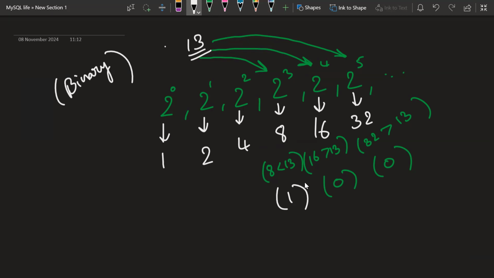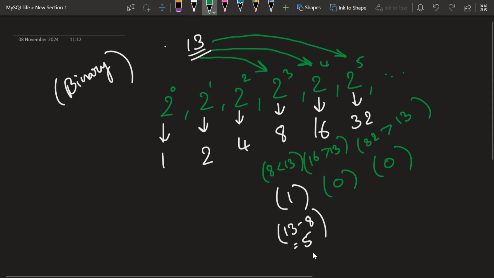Now, if we find out that it fits very well into any number, we have to subtract that number from the 13. For example, I would subtract 8 from 13. So together it gives me the number 5. Now we have to compare the other numbers with this particular number, that is 5.